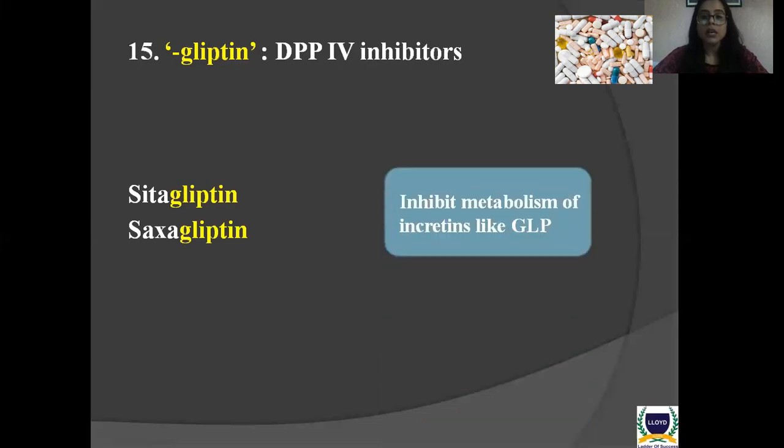These drugs inhibit the metabolism of incretins like GLP. GLP is what? That is glucagon-like peptide. So these drugs inhibit the metabolism of incretins like GLP, have the same suffix, gliptin, and are categorized under the DPP type 4 inhibitors.